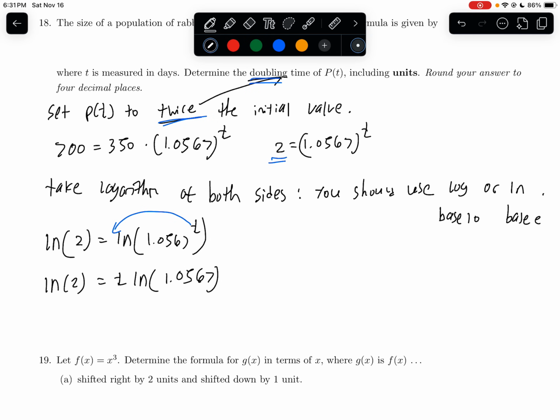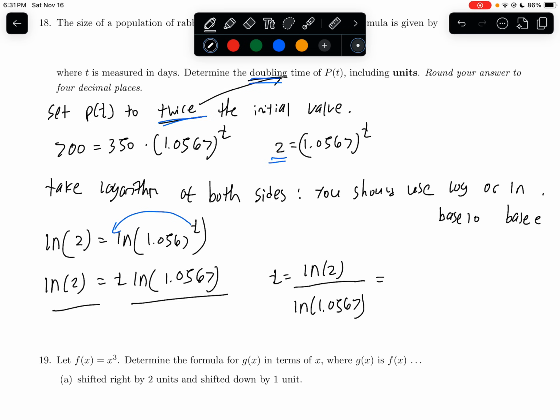Now at this point, this is just a simple equation. We have numbers on both sides. We can compute them now. That's fine. But it's just numbers. And so if we divide by that on both sides, then what we're left with is ln of 2 over ln of 1.0567.